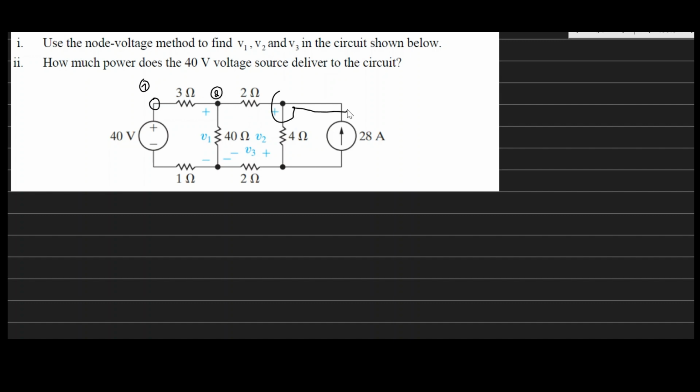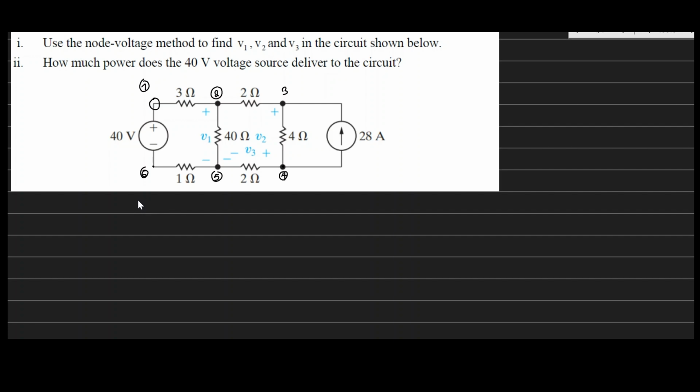This whole thing again is node number three. This is node number four, this is node number five, and even here you can call this node number six. We have so many nodes here. So if we are to solve for the unknown voltages, we need to have six voltages, right?